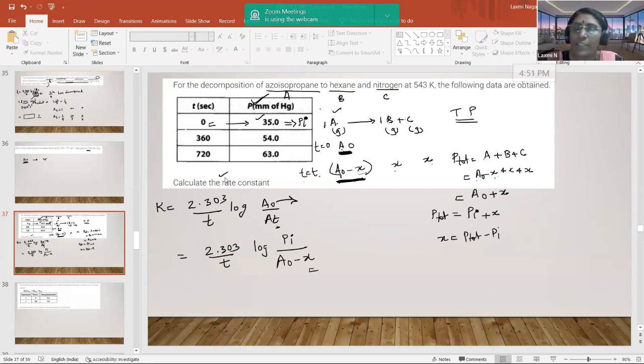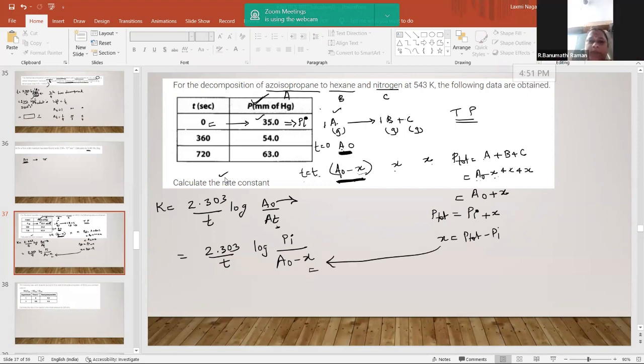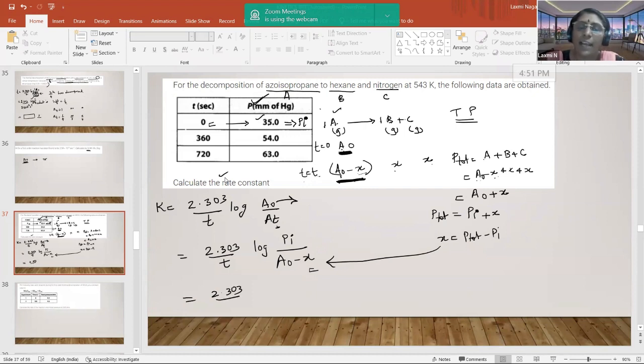What is the value of X? P total minus Pi. So 2.303 by, at what time are we considering this? When the P total has become 54. What was the time? I want to take this P total.